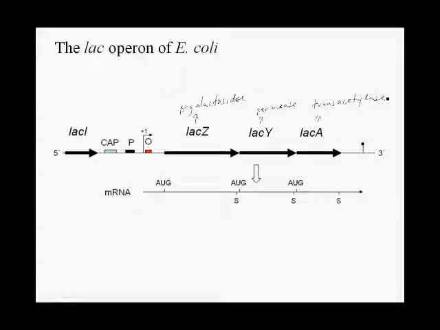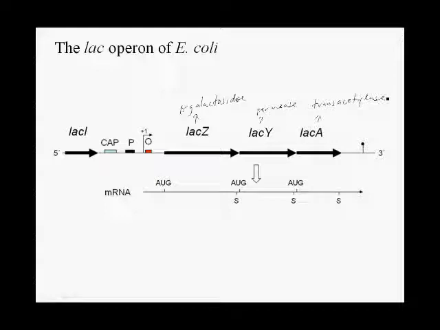So all three proteins are involved in lactose metabolism, and so it makes sense then for the cell to turn on all three genes at the same time when it needs to metabolize lactose. And conversely, to shut down all three genes at the same time if there's no lactose around or if there's lots of glucose around.